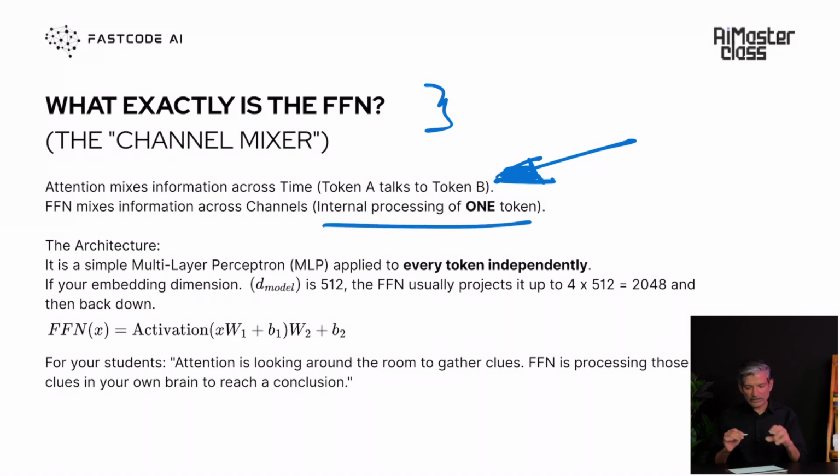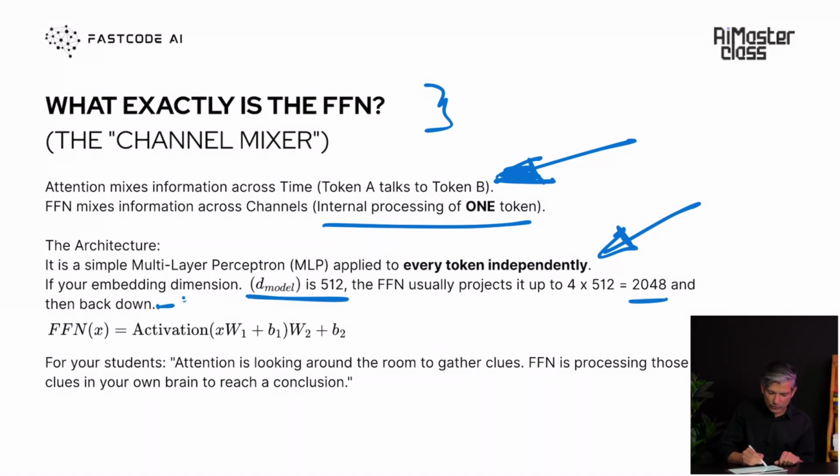Across one token. So internal processing within that one token. And the architecture is just a simple MLP, applied to each of those tokens individually. Your embedding dimension, 512, projects to 2048, and then it projects back down to 512.